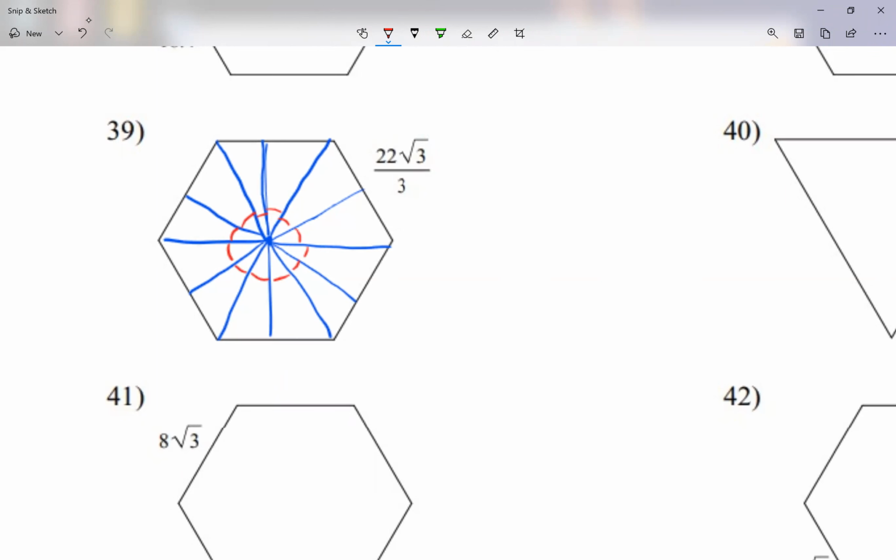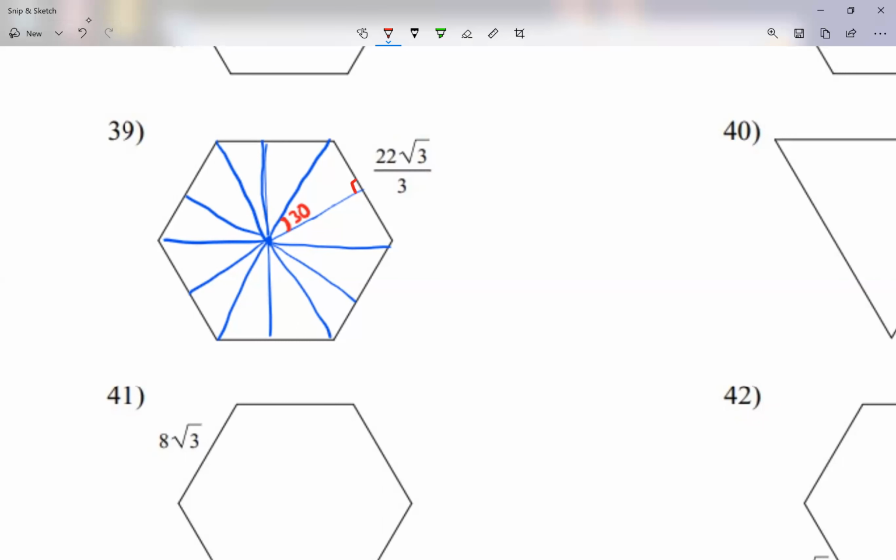There's 12 of those. Remember, the whole thing combined is 360 divided by 12. Let me erase this. I know 360 divided by 12 is 30, right? So I'm going to say that this side right here is 30 degrees.